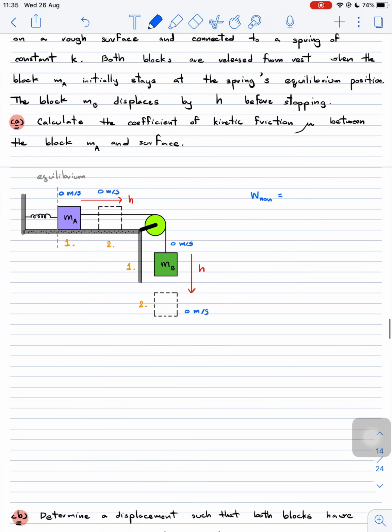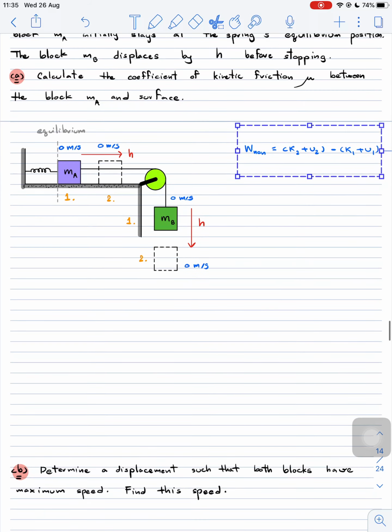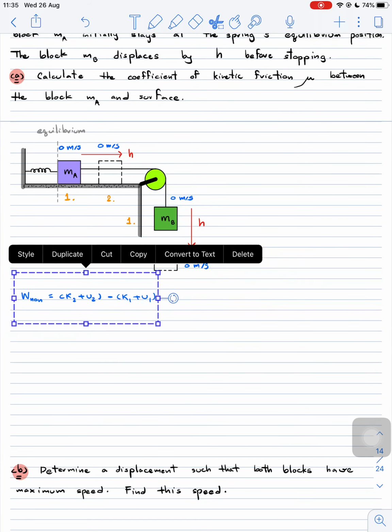But now we can say that E2 just equals K2 plus U2, and then minus E1, right? E1 just equals K1 plus U1. Let me just write down here.